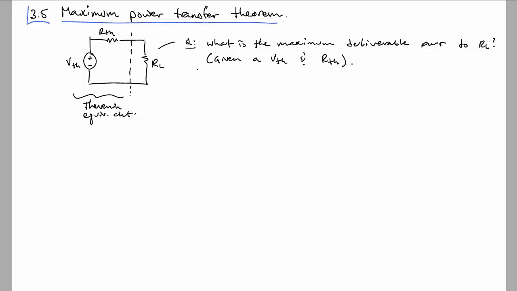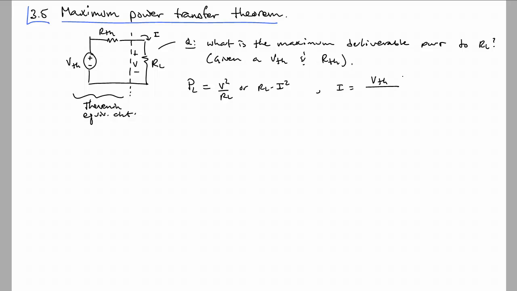Okay, and the answer is, well, first let's explore this a little bit. I'll call this voltage V, say current I, and the power to the load is just going to be V squared over RL, or RL times I squared, right? And I is going to be equal to VTH. This is a single loop, right?